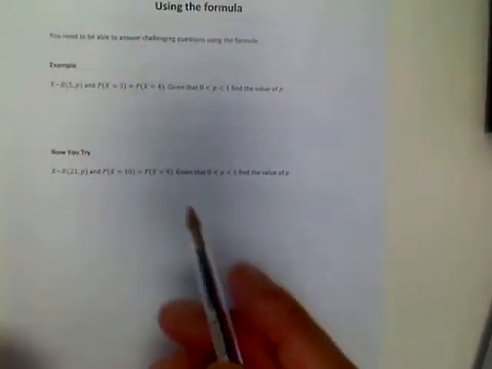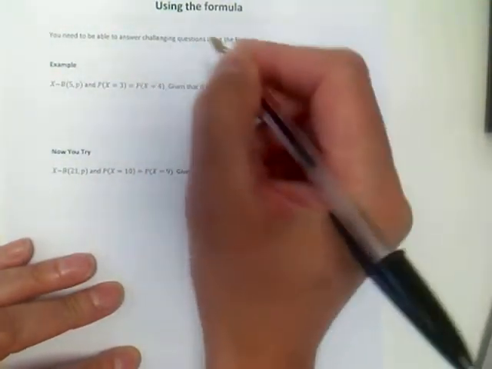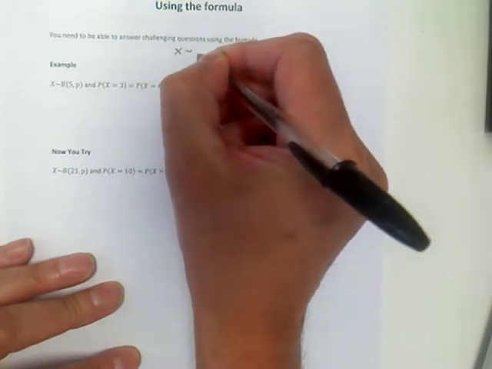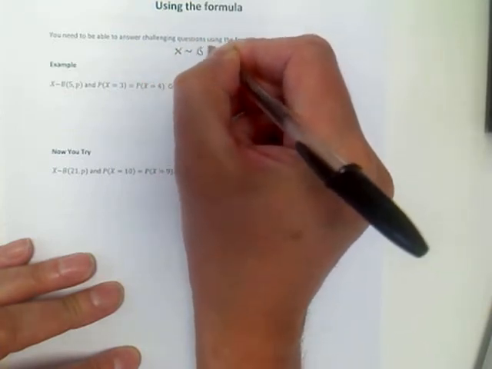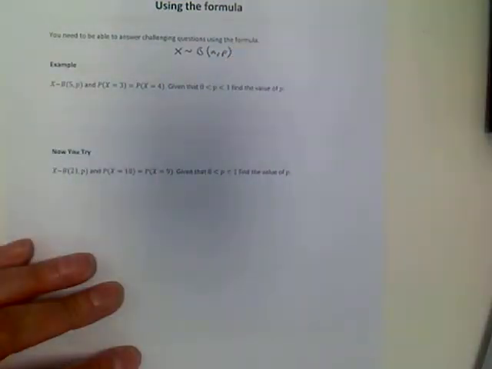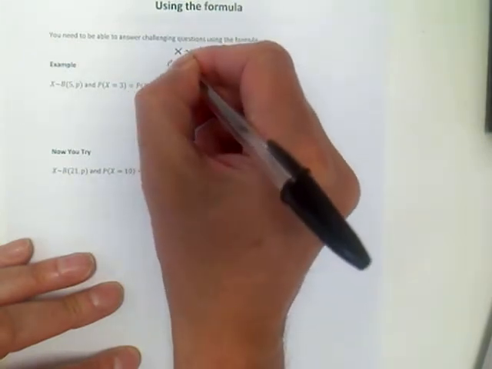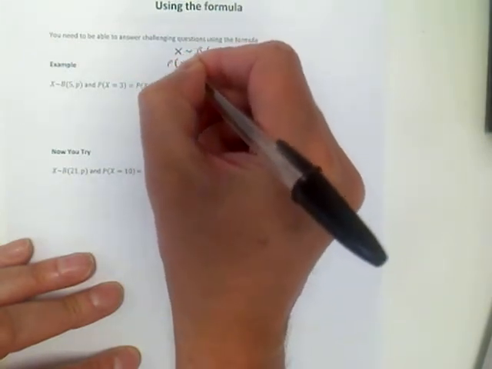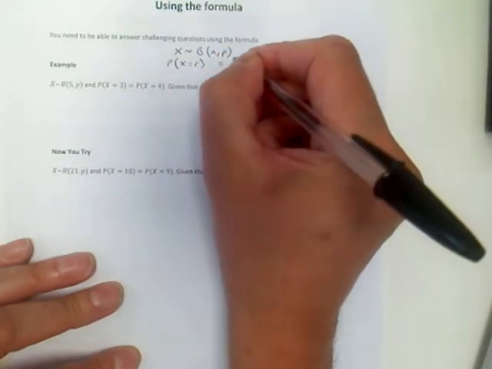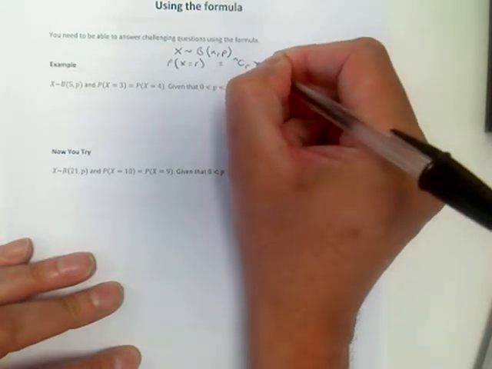So, given what we need to know is that given a variable that is distributed binomially with a number of trials n and a probability of p, then the probability of x being equal to something is this.